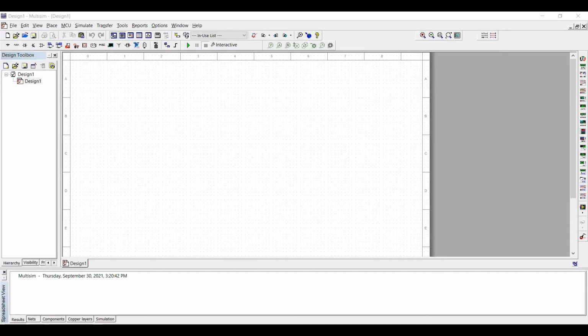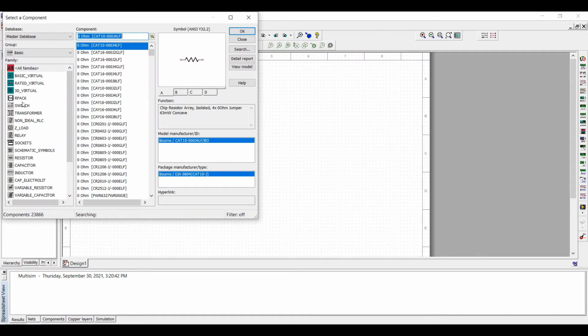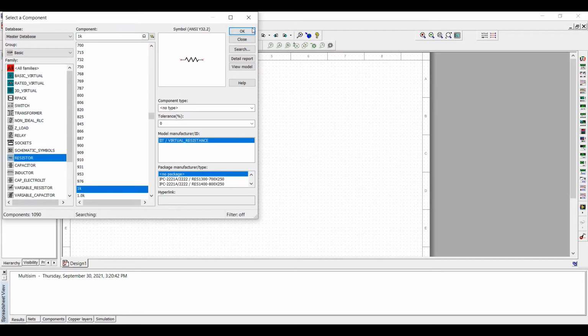Once we start with Multisim, the first step is to place all the components on the layout. So on the top corner, you can see the basic components. Click on that. Go to resistors. Click OK.